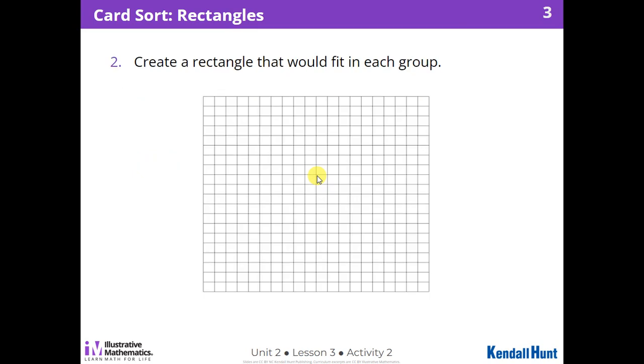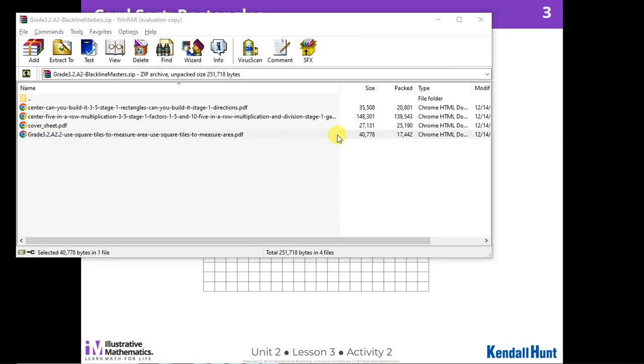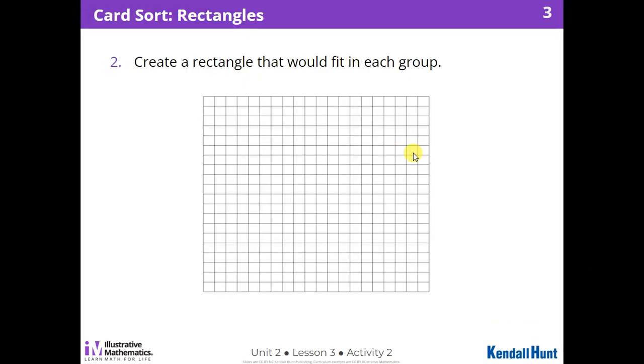Any categories they have made will appear in the next slide, and they will be asked to create different rectangles here using the same approach I have just shown you. They will create a rectangle for each category. For example, if they have made two categories, they will make two rectangles that fit each category, and then the computer will check whether each fits that category and answer them, so they can submit.